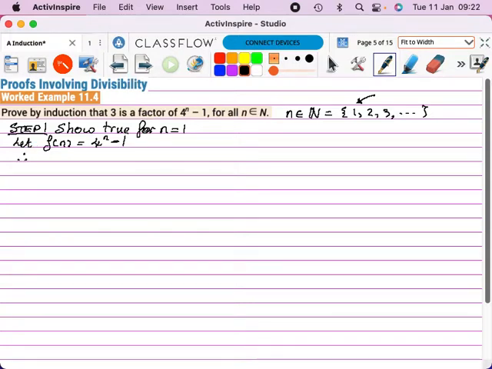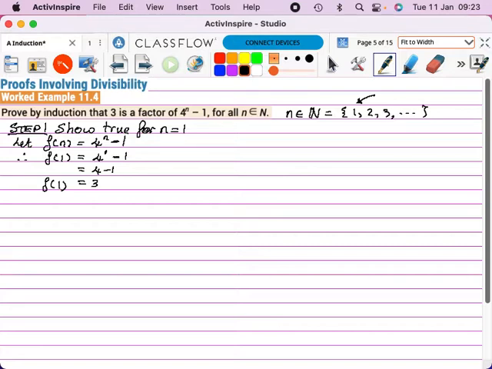So now I write down f of 1, and using the empty bracket, it's 4 to the power of 1 minus 1, and of course 4 to the power of 1 is 4, 4 minus 1 is 3. So I have now done it for the smallest value of n, which is n equals 1, and I've got a value of 3.